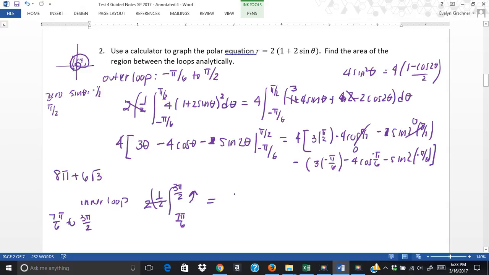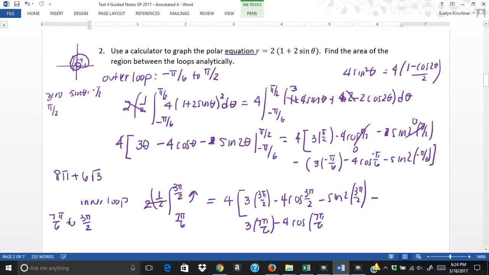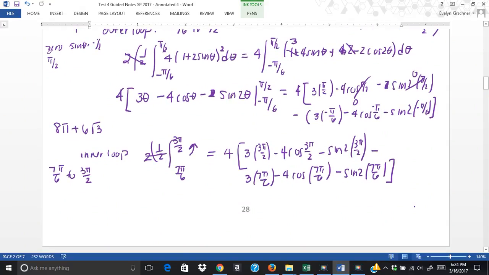So I have 4 times [3 times 3 pi over 2 minus 4 cosine of 3 pi over 2 minus sine of 2 times 3 pi over 2, minus 3 times 7 pi over 6 minus 4 cosine of 7 pi over 6 minus sine of 2 times 7 pi over 6]. If you go ahead, you should do all the math to make sure you get the same thing. You shouldn't always trust me because I do make mistakes.